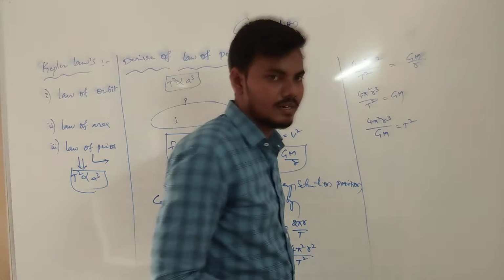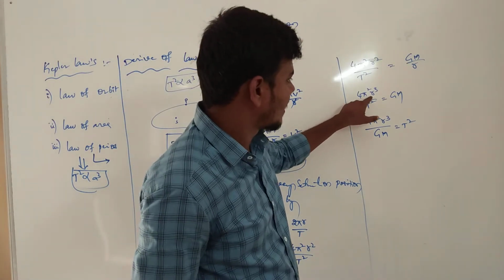Now r is the denominator factor, which can be moved by cross multiplication. 4 pi square r cube by T square is equal to GM. So 4 pi square r cube by GM is equal to T square.